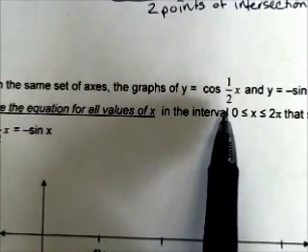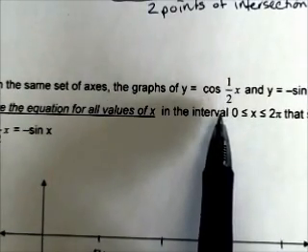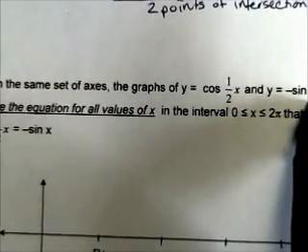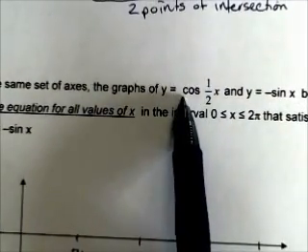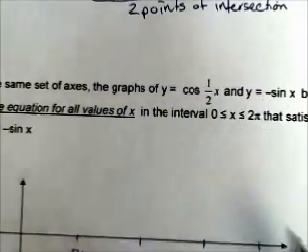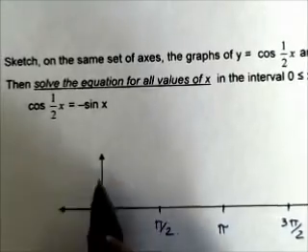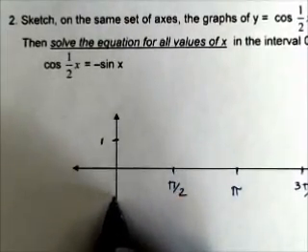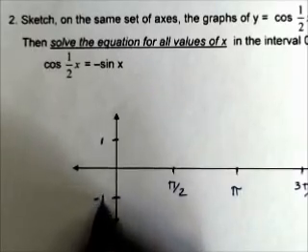Now for y equals cosine 1/2 x and then y equals negative sine x, cosine is going to get as high as 1, and sine 1 and negative 1. So we'll just put 1 and negative 1 on our y-axis.